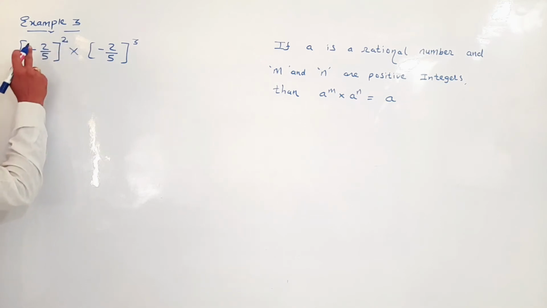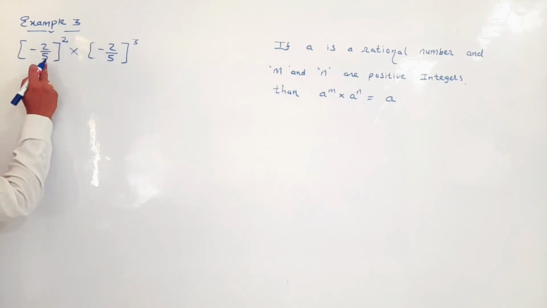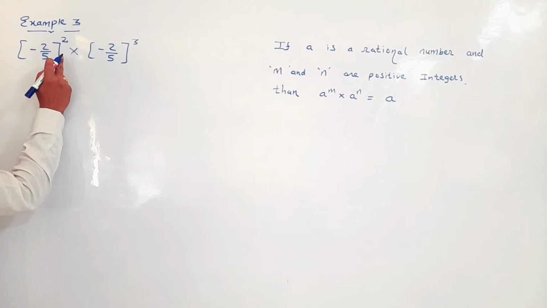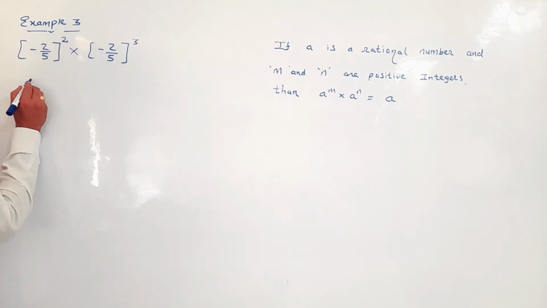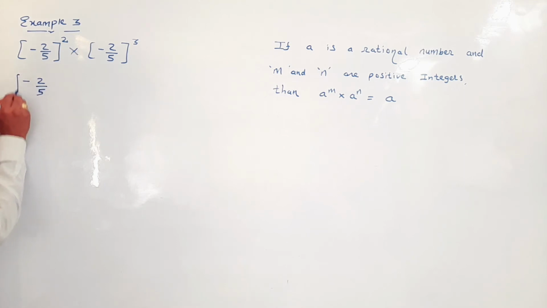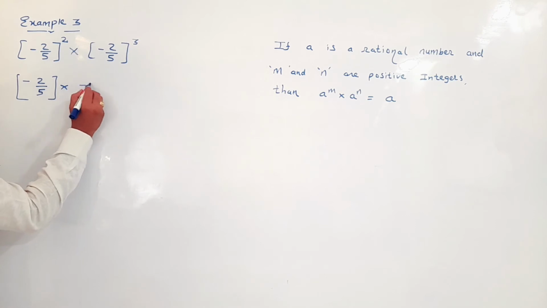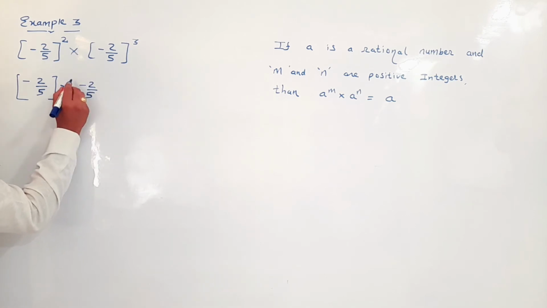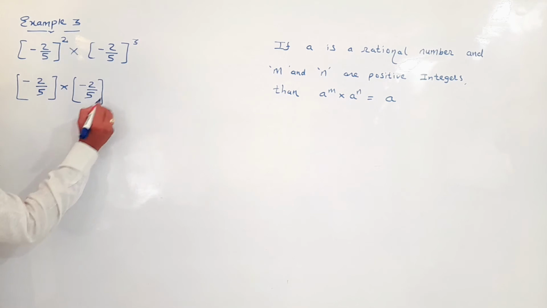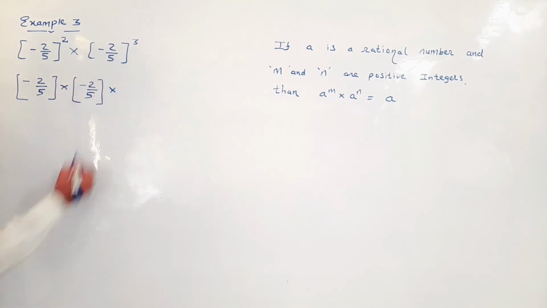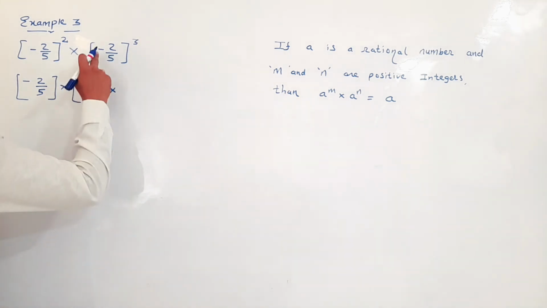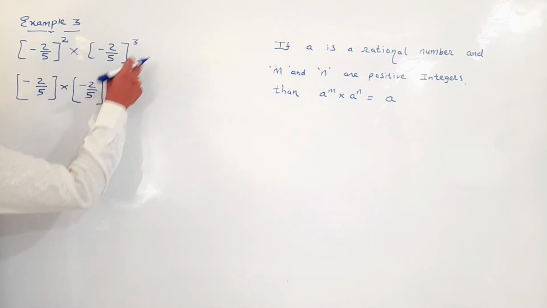Here minus 2 by 5 raised to 2 is given, so we can write minus 2 by 5 into minus 2 by 5. The multiplication sign will be taken as it is. Again minus 2 by 5 raised to 3.